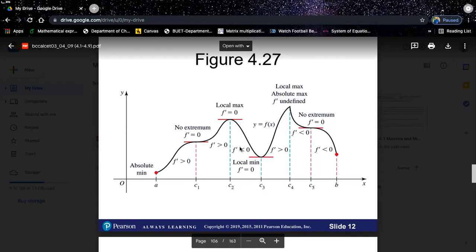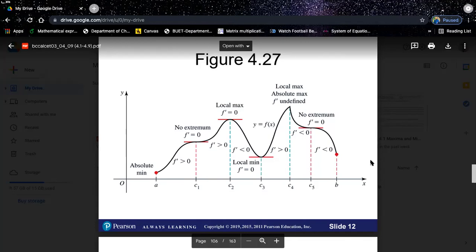If you keep going on for the other critical points, again, you'll see that's the case. I have already said this, but there is no harm in repeating it: I'll definitely give you a graph like this, and I'll ask you to locate the critical points first. Maybe the first question will say, locate the critical points.